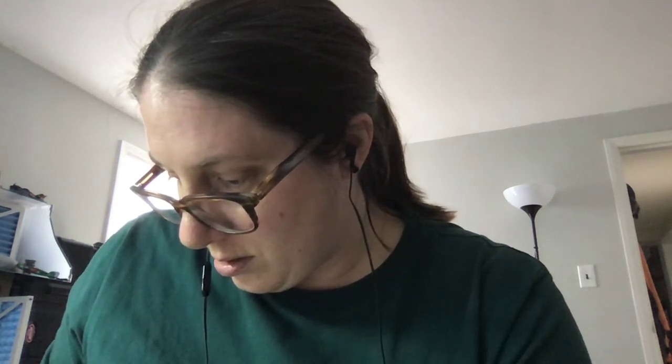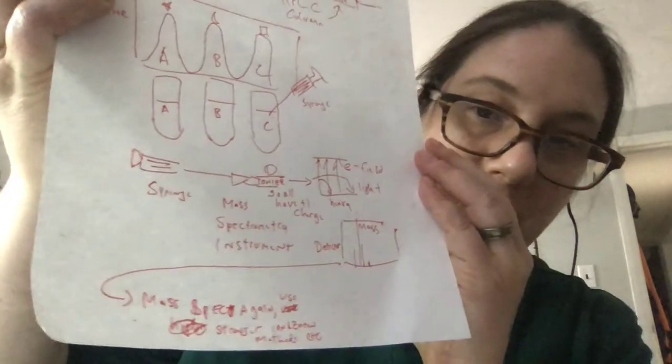And I'm going to use higher ionization this time, a stronger ionization method. I'm going to do a couple other things to the electric field. And what I'm going to find is that initial mass is going to be broken up into little fragments because of the ionization energy.